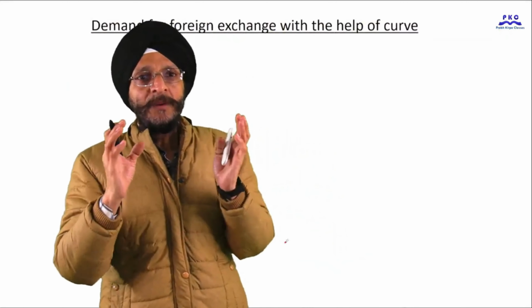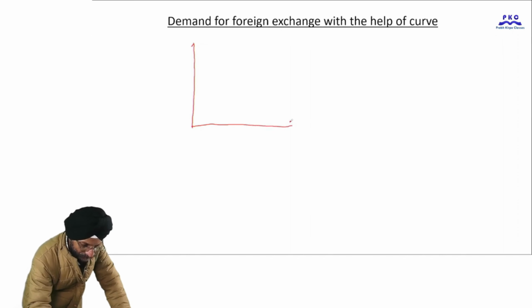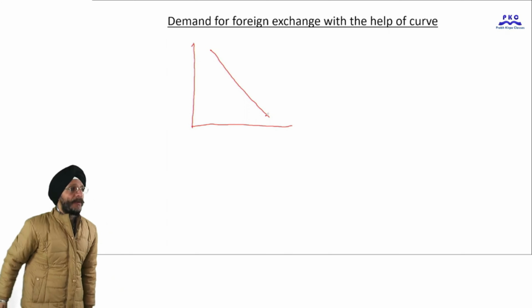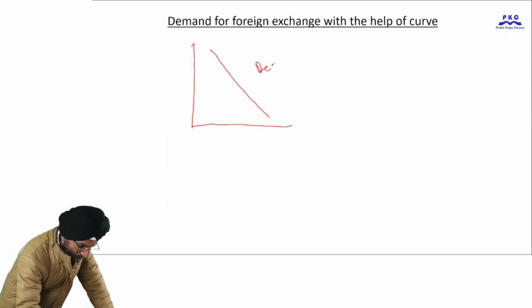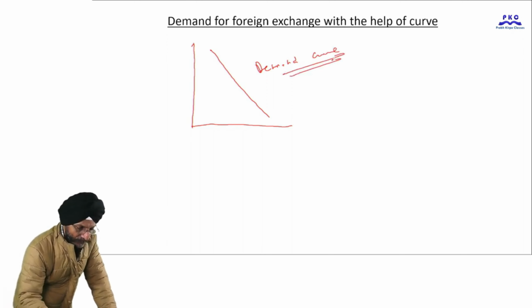Now, the demand of foreign exchange with the help of a curve. This is the demand curve of foreign exchange.